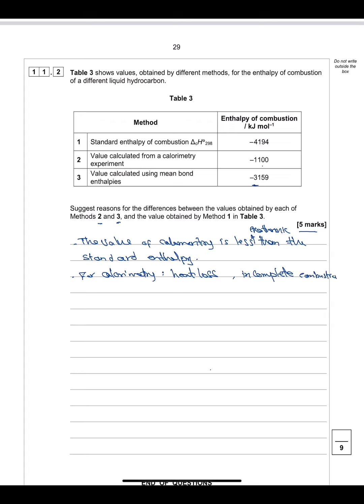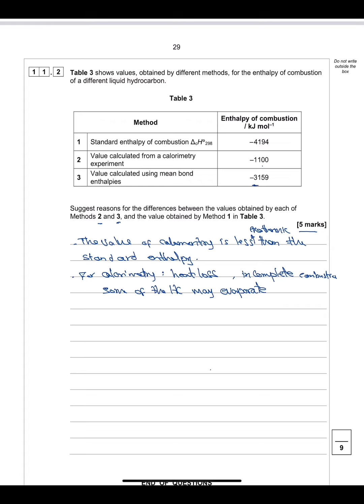And also the third reason for the calorimetry, why it gives you a lower value, is because some of the hydrocarbon could evaporate or may evaporate. So if we lose some of the hydrocarbon due to evaporation, that means the value you get is actually less than the actual value.